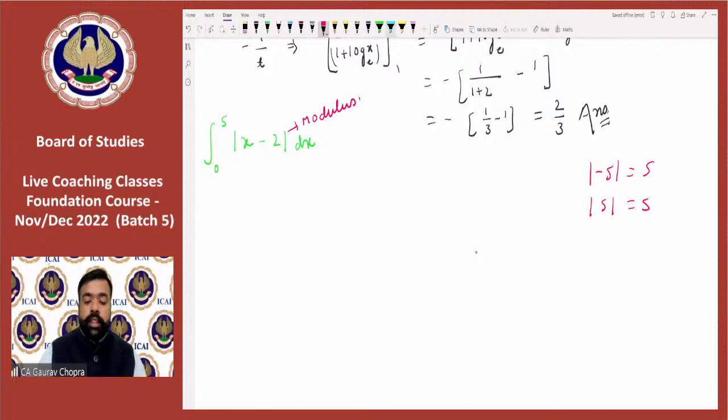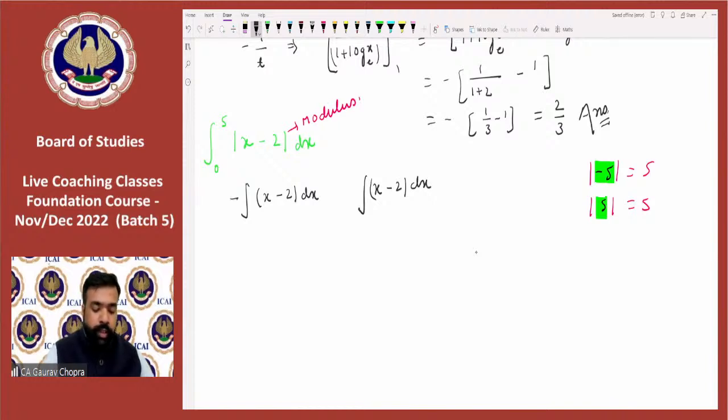That means the original function can be positive or it can be negative. So we can split this into two parts, one positive and one negative. In place of modulus, we are applying the normal bracket. Writing it one more time, x minus 2 dx.